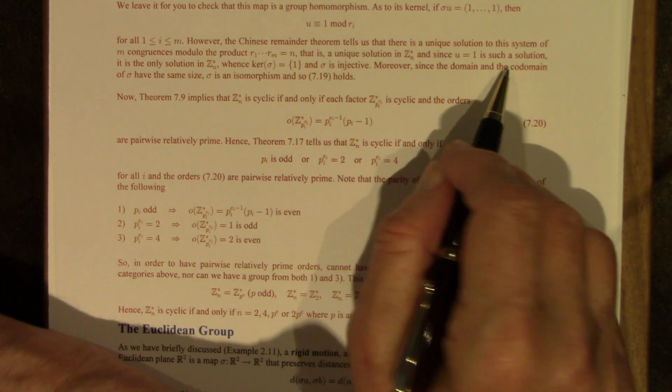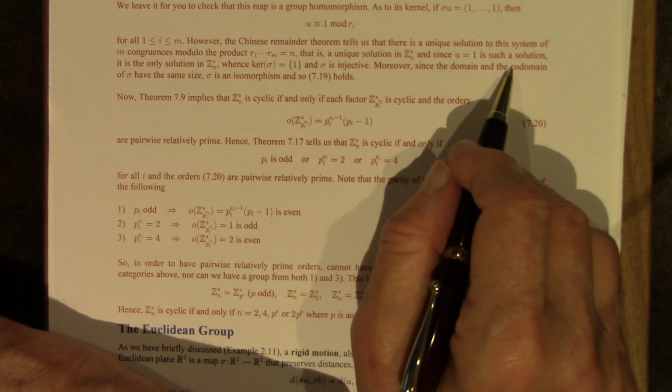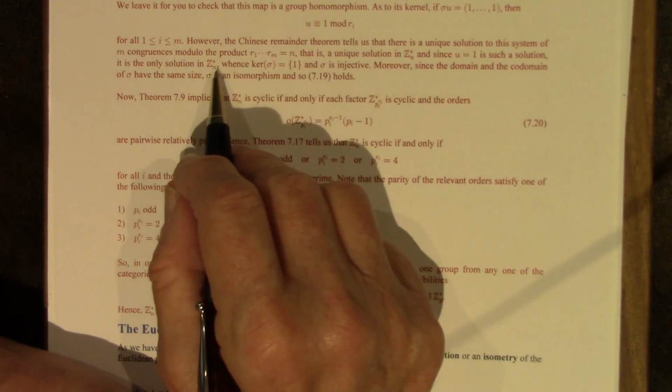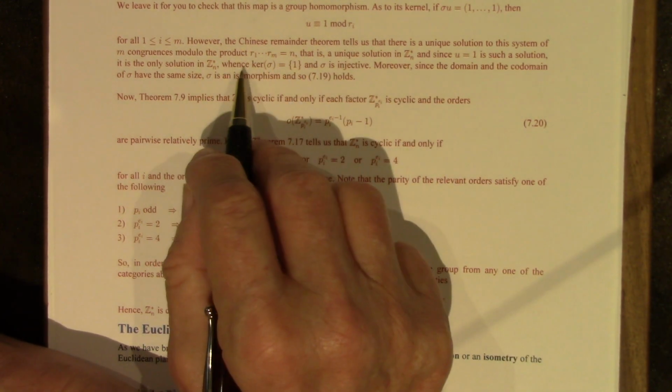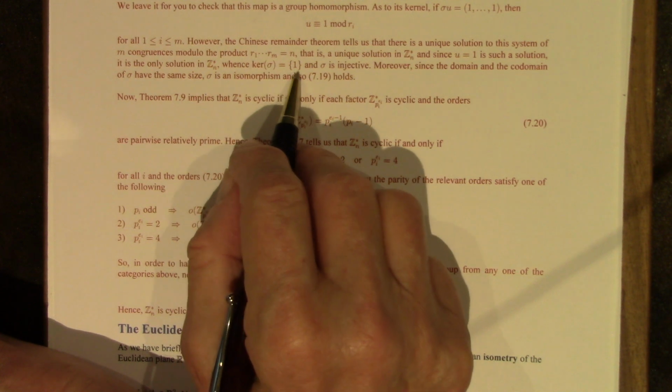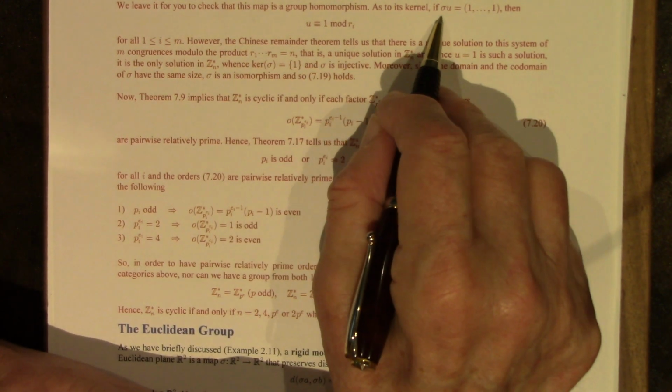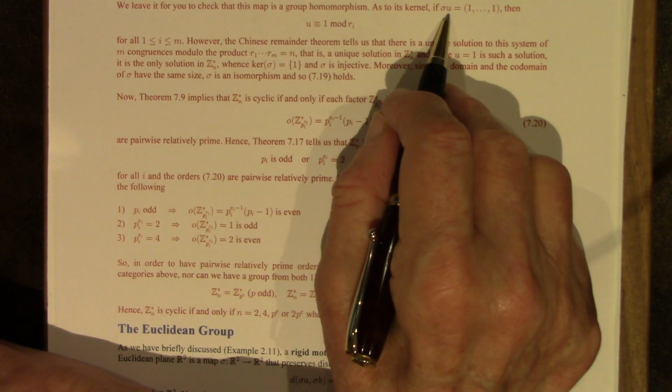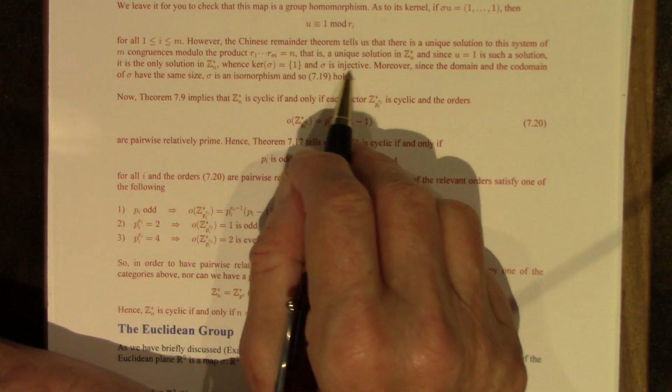Okay. So it's the only solution. In other words, the kernel of sigma is trivial. The only u that fits this is u equals 1. And so sigma is injective.